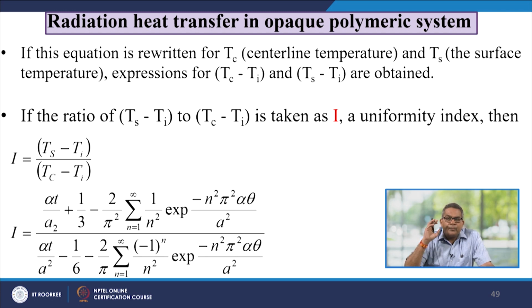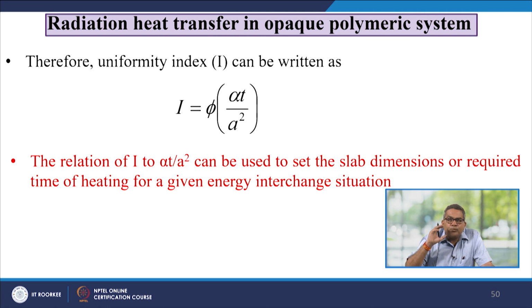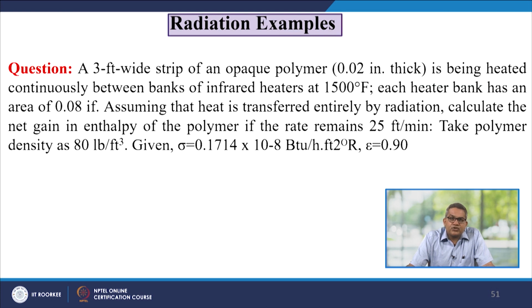If the ratio of Ts minus Ti to Tc minus Ti is taken as I, the uniformity index, then I can be represented like this, and with a certain modification can be represented like this. Therefore, the uniformity index I can be represented as I is equal to phi of alpha t over A square. This relation of I to alpha t over A square can be used to set the slab dimension or required time of heating for a given energy interchange situation.